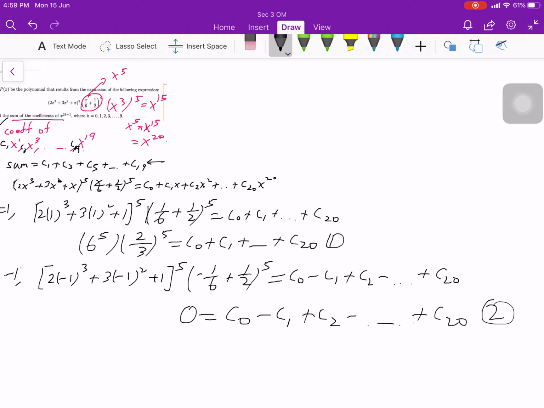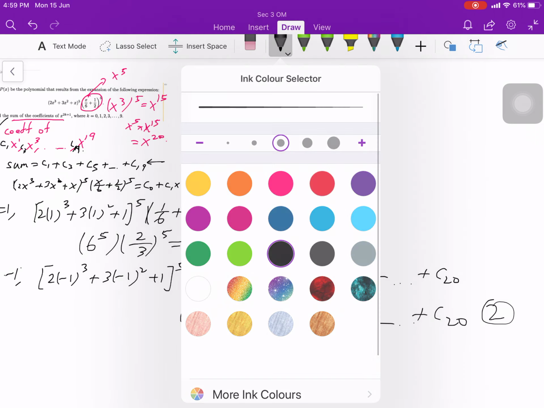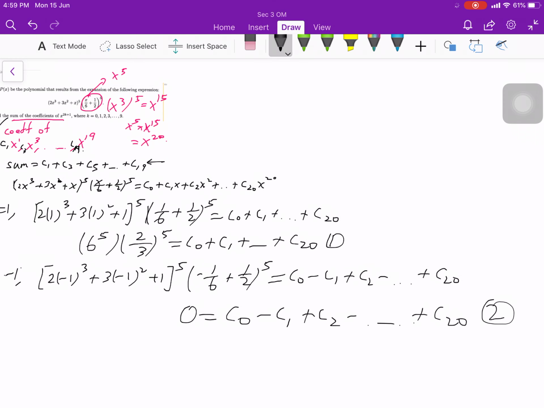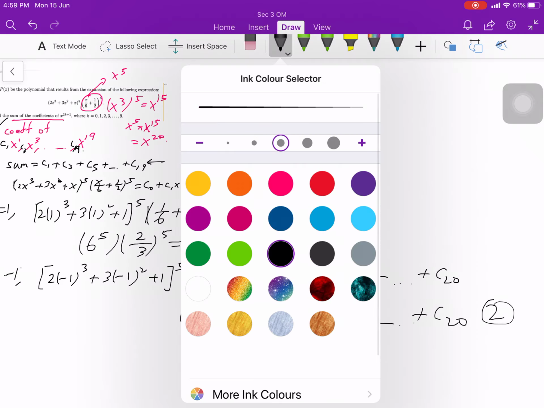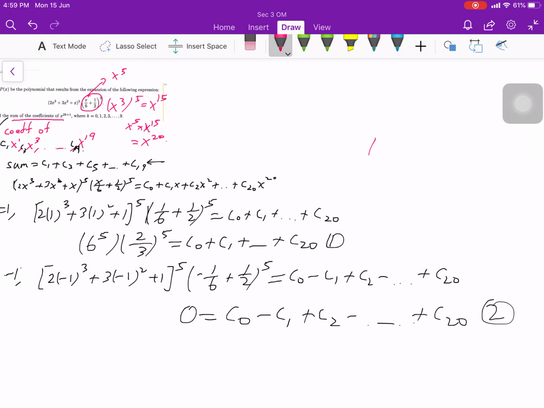Therefore, for equation 1, if you simplify, what do you get? Can we simplify this part here? 6 to the power of 5 multiplied by 2 to the power of 5 over 3 to the power of 5. In this case, 6 times 2 over 3 will give you 4, right?